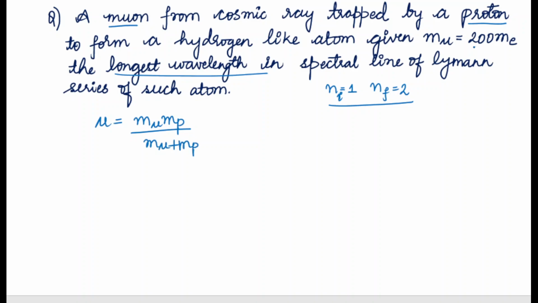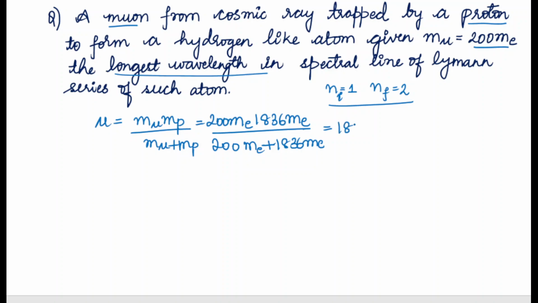The mass of muon is given as 200 times the mass of electron, last time it was 207, here it is 200. The mass of proton is 1836 times the mass of electron, divided by 200 times the mass of electron plus 1836 times the mass of electron. If you solve this you will get the answer to be 180 times the mass of electron.